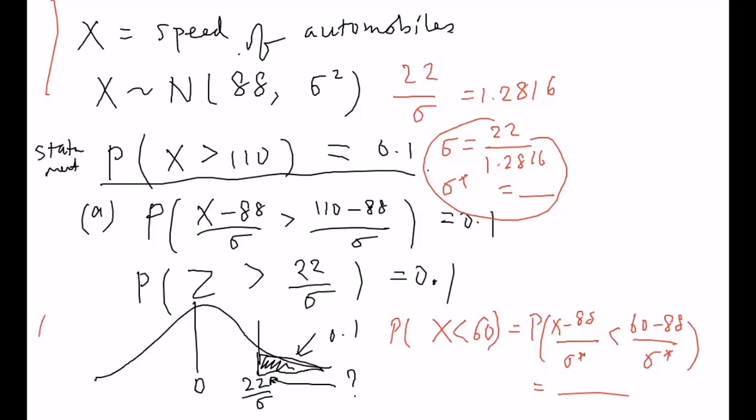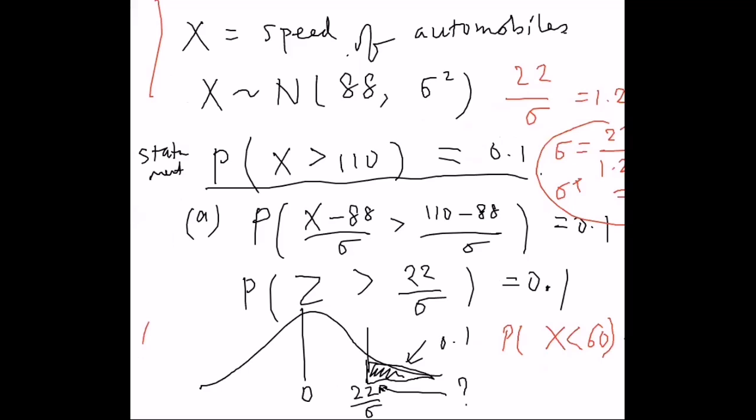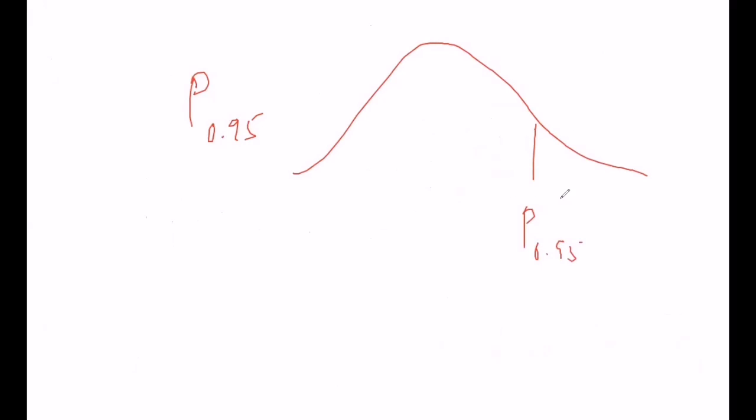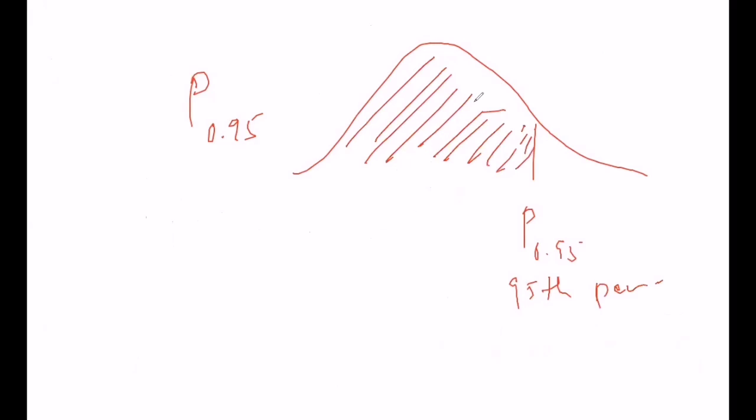That's easy. Last one, the 95th percentile of the speeds. So the 95th percentile is basically like this. You want to find P 0.95. This is your 95th percentile, because percentile means whatever is towards the left-hand side of this value constitutes 95% of the data, and here is 5%.